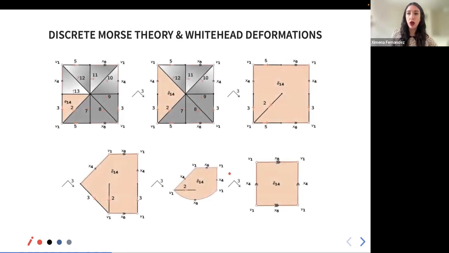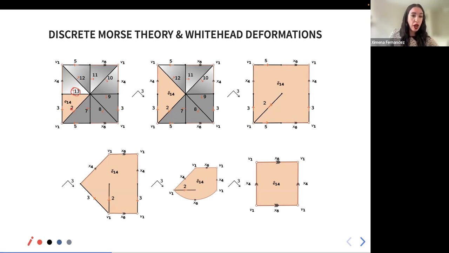Great, so just to show you here how it works in our example. Here we have the original complex. The cells in orange are the critical cells, and then you have the internal collapses with arrows. Here you have an internal collapse. This is a collapse if you remove this cell.